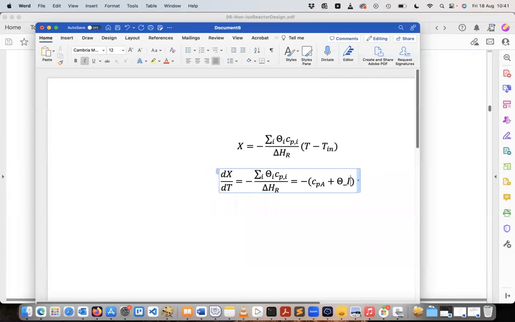And here let's call I the inert, and then C_P,I. So we are adding an inert here, and then we also have the denominator. If we add an inert, there's an extra term here.